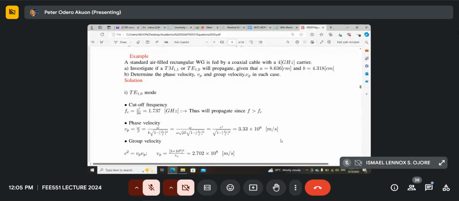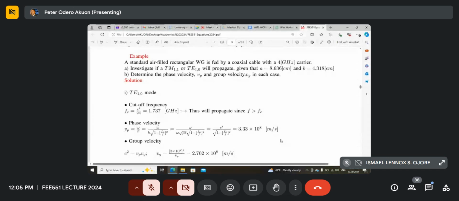So you can also calculate in TM11 what would be the phase velocity and what would be the group velocity. Looking at the equation for the cutoff frequency for TM11 and TE10, now that you know that the cutoff frequency for TM11 is higher than the cutoff frequency for TE10, what do you think about the phase velocity for TM11?